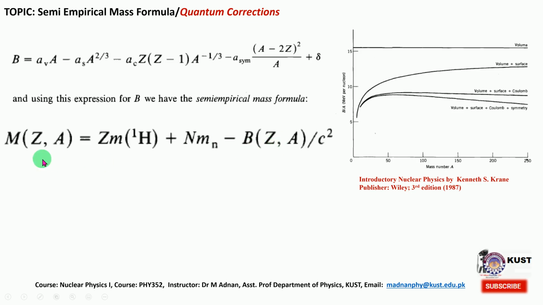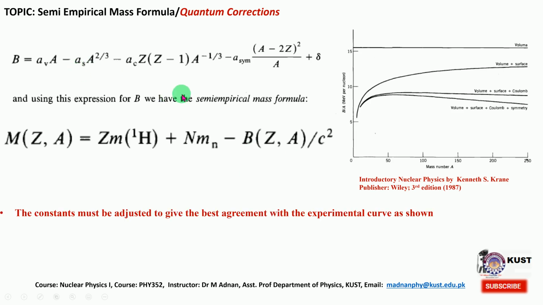So if we write just the mass, the c square will be divided across the equation, so that there will be no c square, and here you have c square in the denominator. If we put this binding energy over here, one can find the masses of various elements based on the empirical formalism.